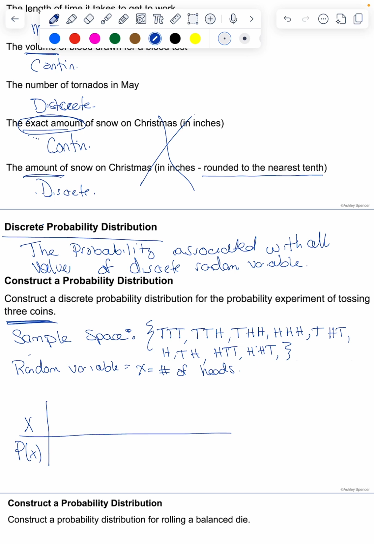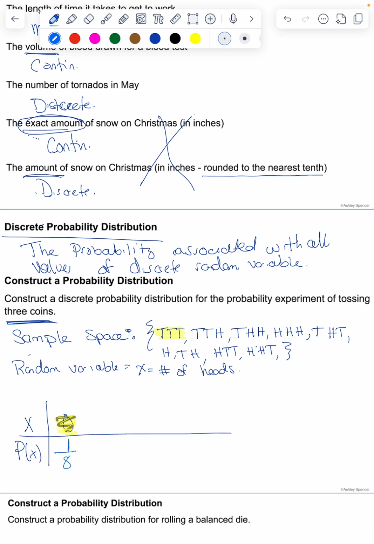Well, based on our sample space, how many times do we get 0 heads? Well, we've got 0 heads here. And that's really it, right? That's the only time in our sample space where we ended up with 0 heads. So 1 out of 8.